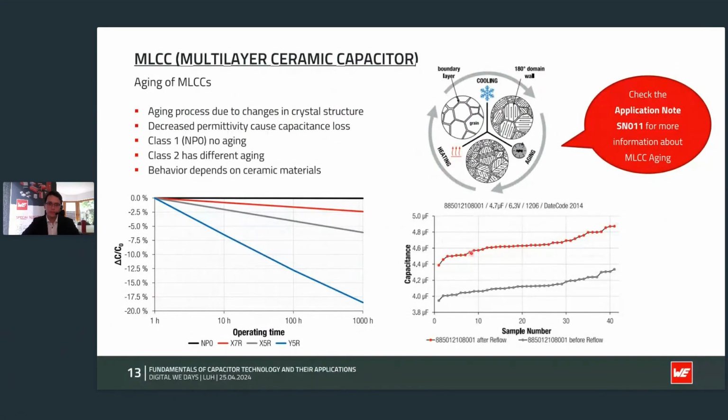We also did some tests, for example, to check what happens if you do the reflow soldering with these parts, which were stored for a longer time. And we can show in this diagram that the parts more or less reset after the reflow soldering process. So afterwards, the aging process starts again, but the reflow soldering will normally reset this process.